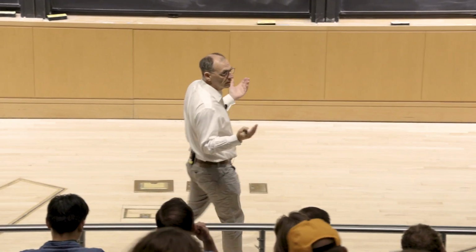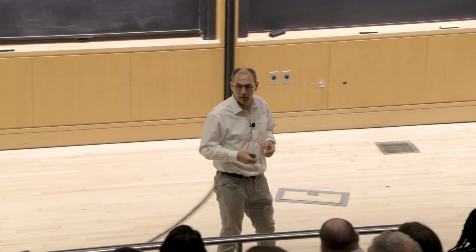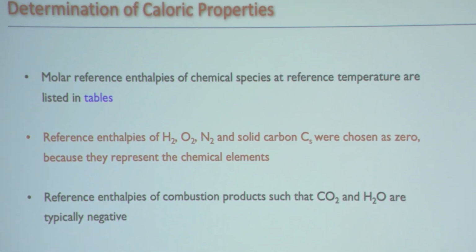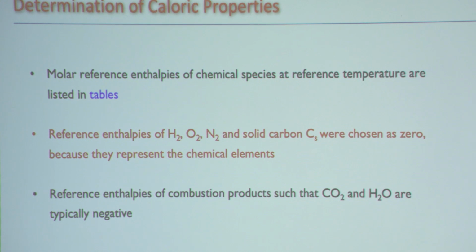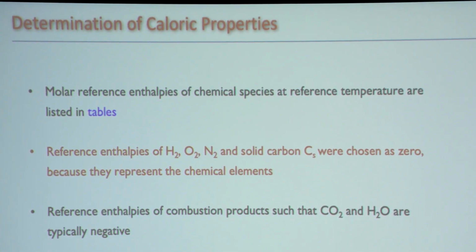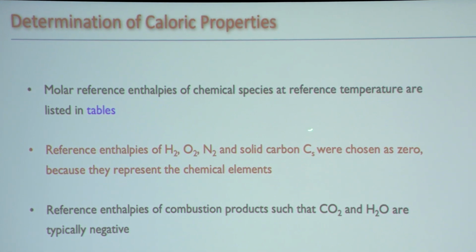That's just a definition, arbitrary definition. It's very helpful. Why do we do it this way? Because when we do experiments, at room temperature, these are stable. I mean, hydrogen, oxygen, nitrogen at room temperature would appear in gaseous form.